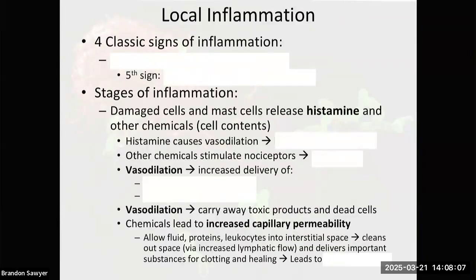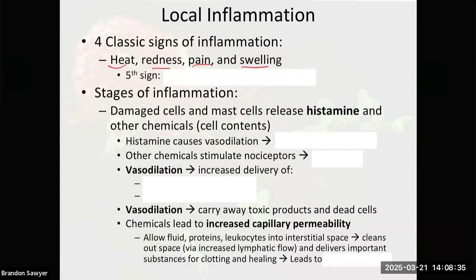Another part of the innate system is the inflammatory process. Okay, so we've all dealt with inflammation anytime we get a virus or even just a bruise or our knees hurting after exercise, something like that, is some form of inflammation, right? And there's 4 classic signs of inflammation. Those are heat, redness, pain, and swelling. When something's inflamed, it gets warm, right?